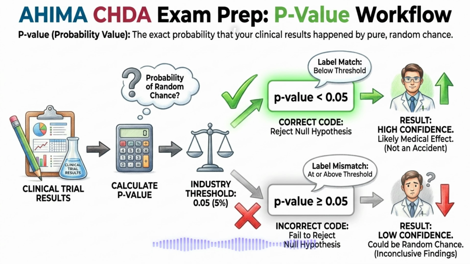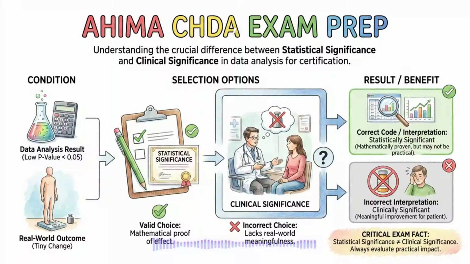In healthcare research, the standard industry threshold for the p-value is 0.05, or 5%. If your calculated p-value is less than 0.05, it means there is less than a 5% chance your results were an accident, giving you great confidence in your findings.